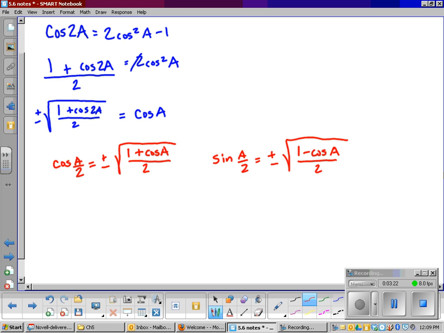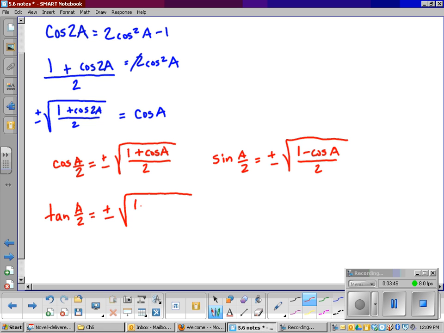And then we have 3 versions of the tangent half angle. Tangent A over 2 is going to be sine over cosine, and if I take this radical here and put it over this radical here, I'm still going to have the plus or minus out front. But my divide by 2's are going to cancel out, just like they do when we're finding values for tangent.